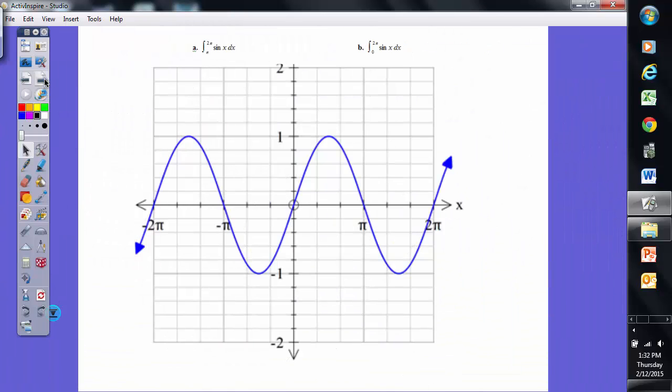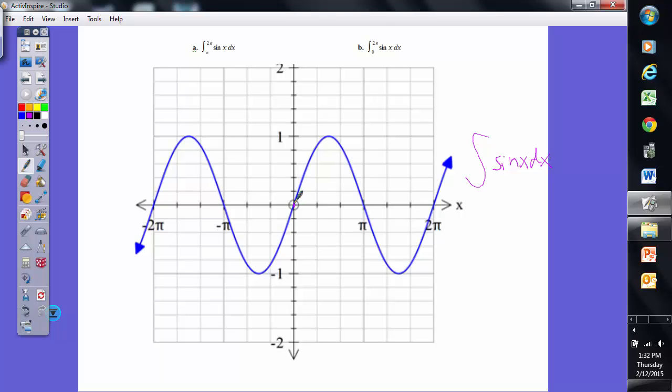Basically, what I need you to know is that this symbol means add up all the rectangles, and then the function is given, and then this dx thing is what messes everybody up. And I distinctly remember sitting in high school calculus saying, I don't understand what we need with the dx thing. Well, let me try to explain it to you.